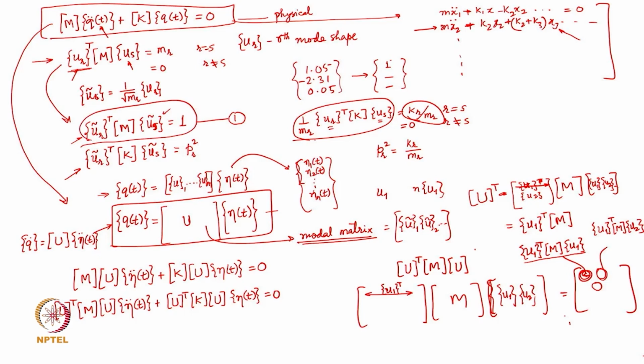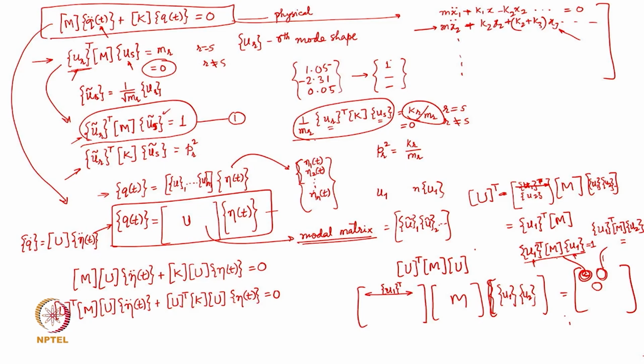Because we are considering this to be the mass normalized modal matrix, the product of the same modal vector with the mass matrix pre-multiplication and post-multiplication gives you a value equal to 1. This off diagonal element, what would it give? When R is not equal to S, then you get the product to be 0.